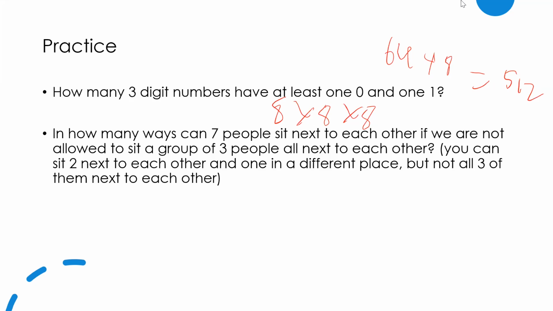So now what we want to do is find the total number, which includes both what we want to count and what we don't want to count, and then subtract 512 from that. So we know the number of three-digit numbers is 900, minus 512, and we get 388, which is the number of three-digit numbers that have at least one 0 and one 1.